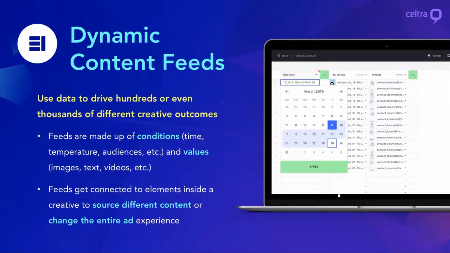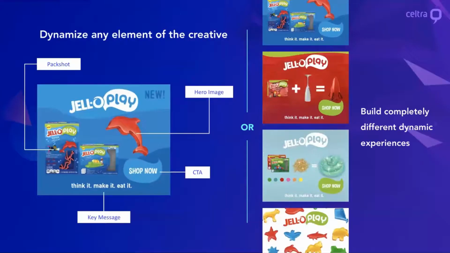You can use feeds to build a lot of creatives all at once. Feeds are made up of conditions and values that you set to help generate those creative variants. And we're going to show you a little bit about how you set up that feed and then connect it to different elements inside your creative to source different content or change the entire ad experience from the ground up.